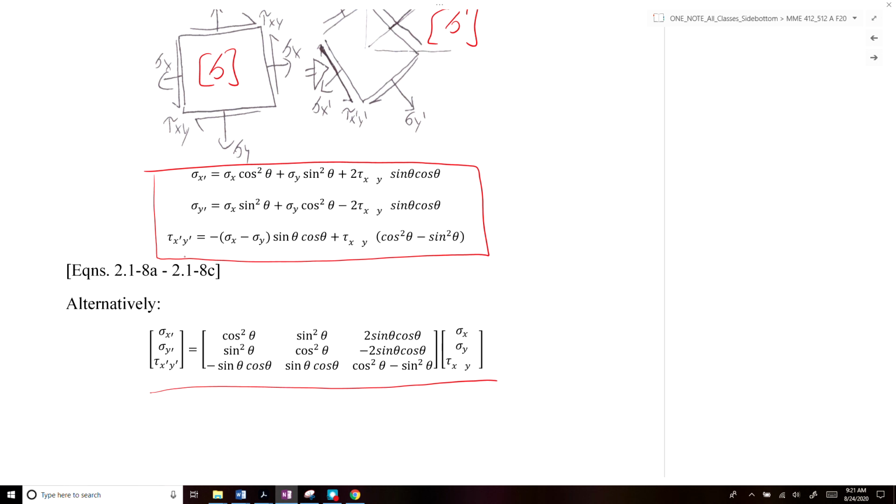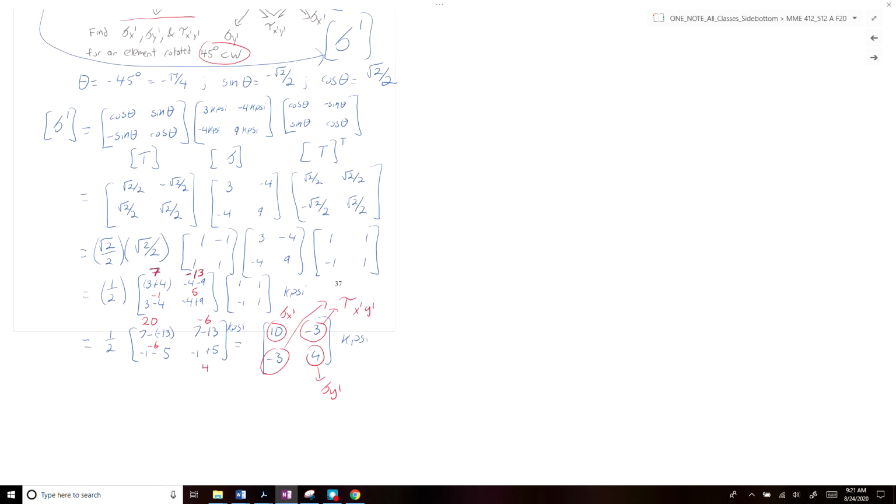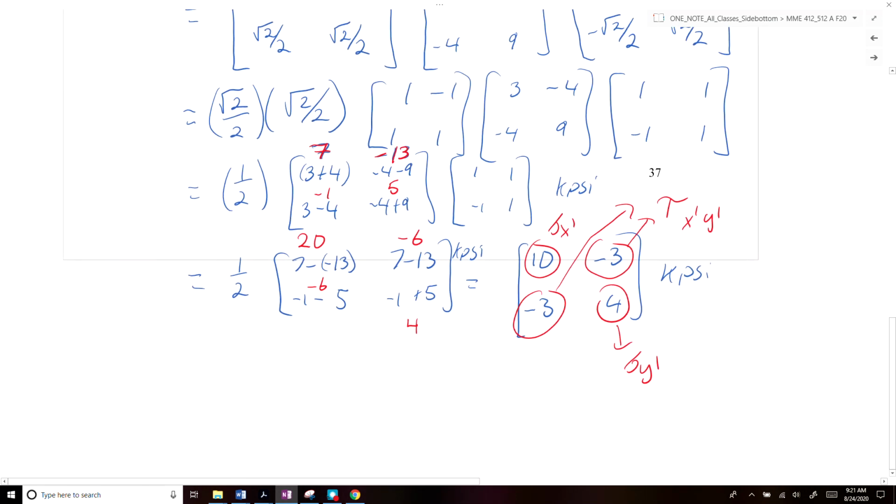The one thing I would like to point out as well is that if you're doing your matrix multiplication, your tau xy terms should always be equal.